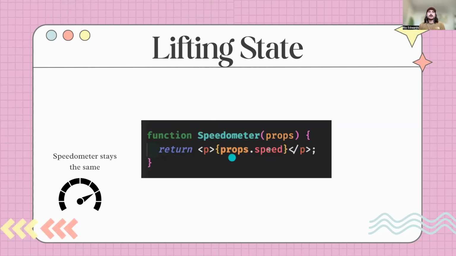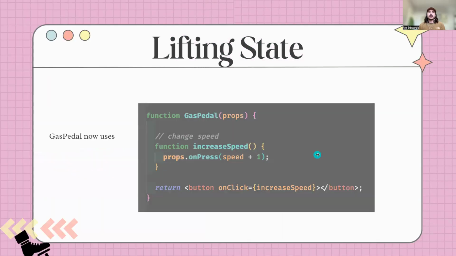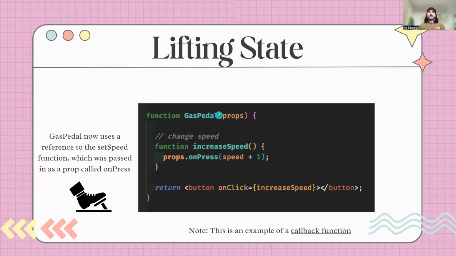So speedometer stays the same. We now are properly accessing the speed variable, or we're passing it into the speedometer. And then in the gas pedal, we now have props, and we have an on press, which is equal to the set speed function.